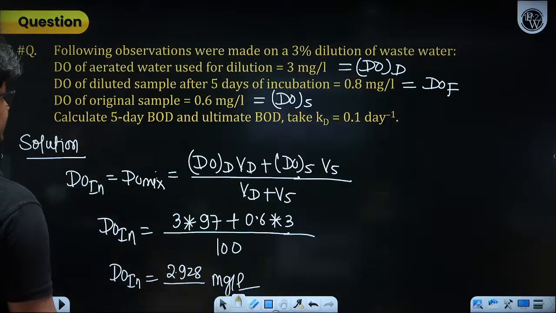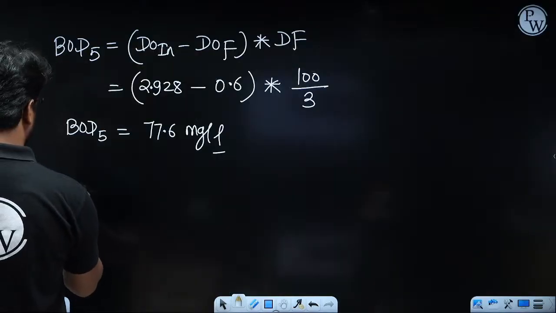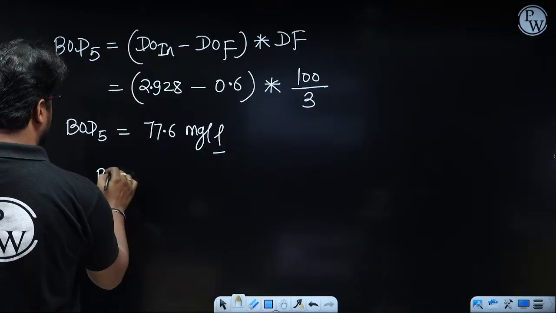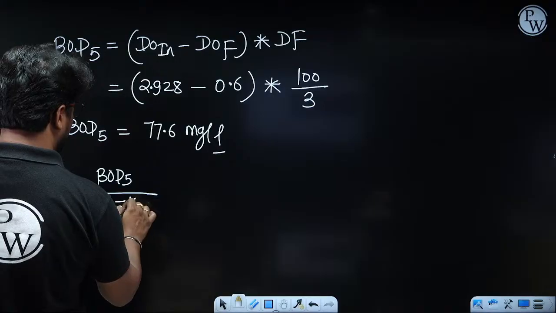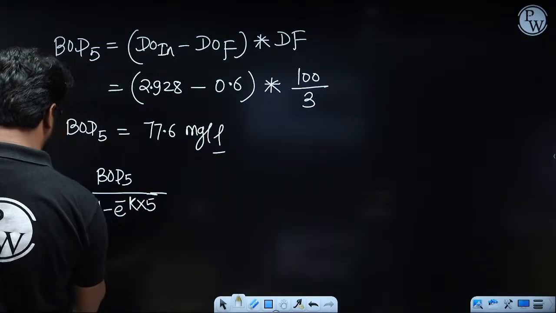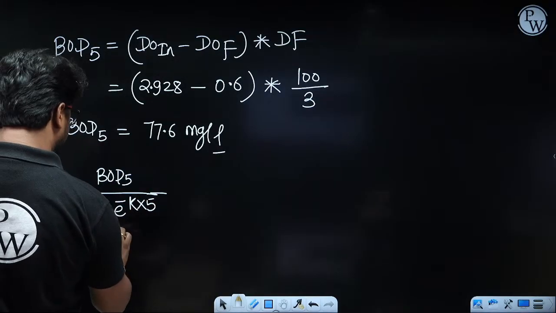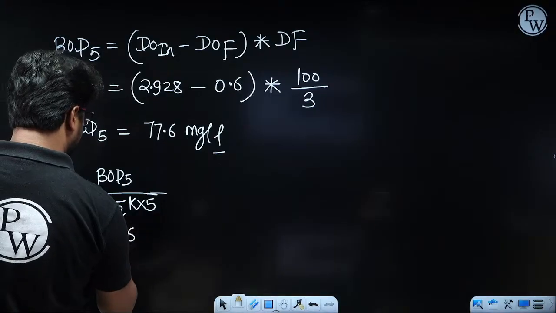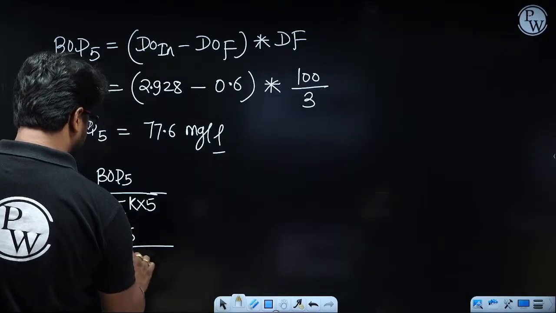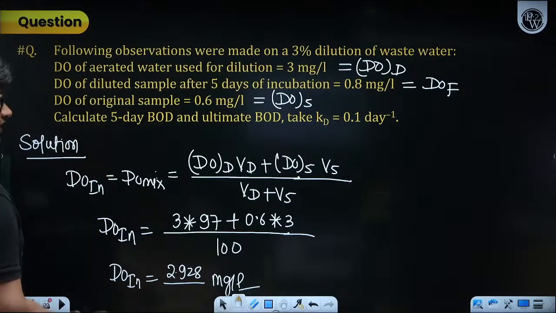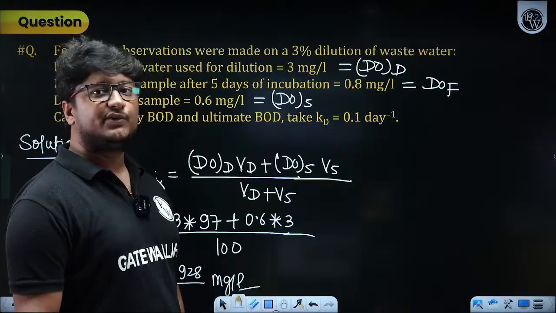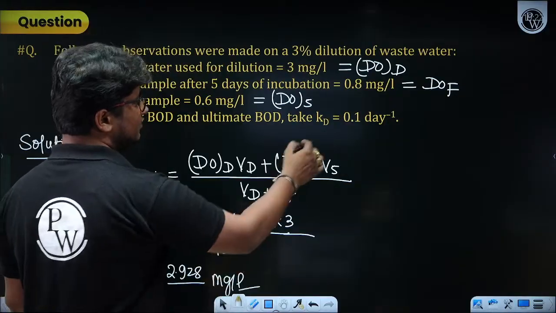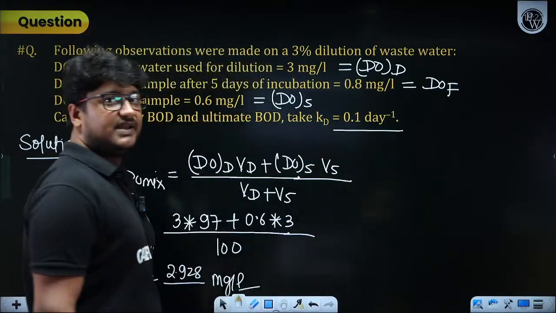Now they want the ultimate BOD also. So we know ultimate BOD, if you have the BOD 5 value given, is BOD 5 divided by 1 minus e to the power minus k into 5. BOD 5 we have calculated as 77.6. The value of k they have given is 0.1 per day. That means they have given this value in base 10.